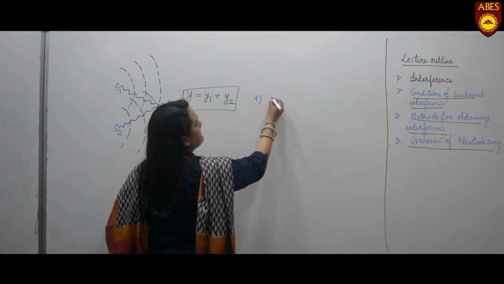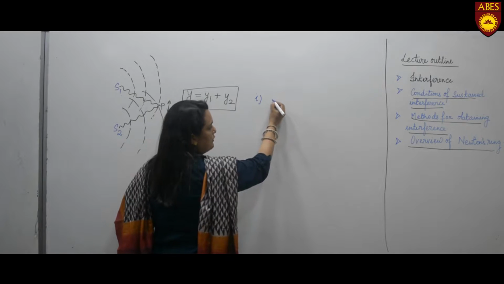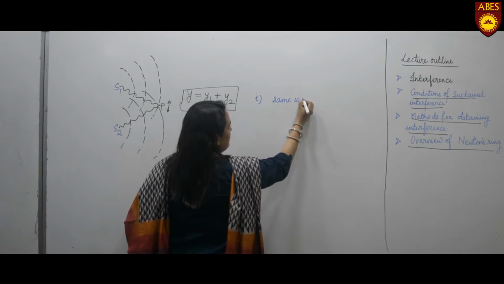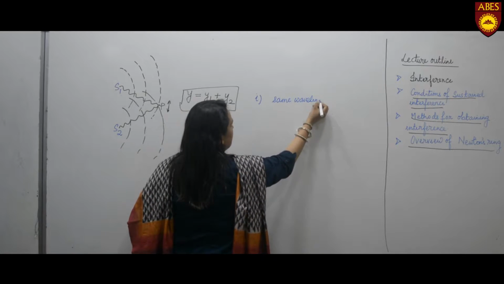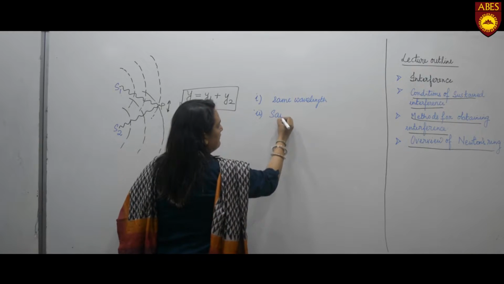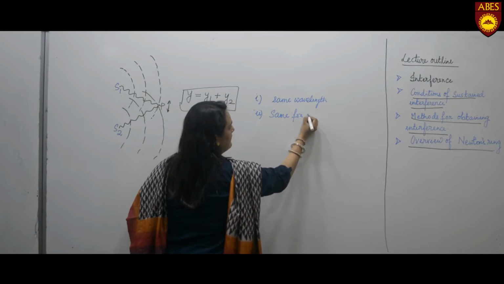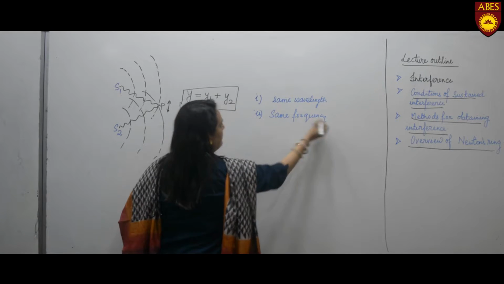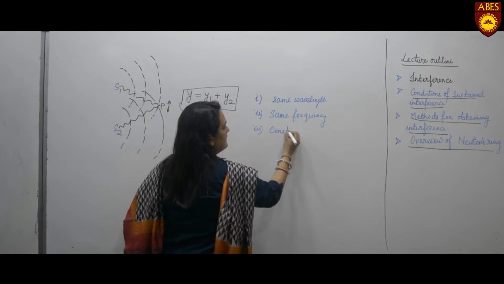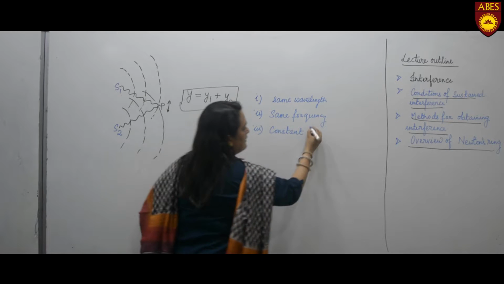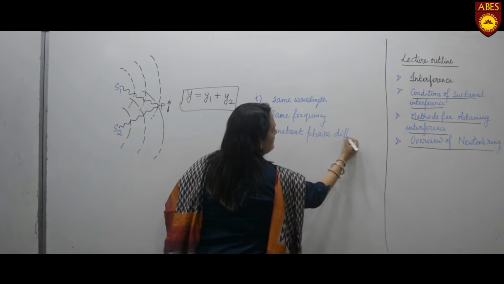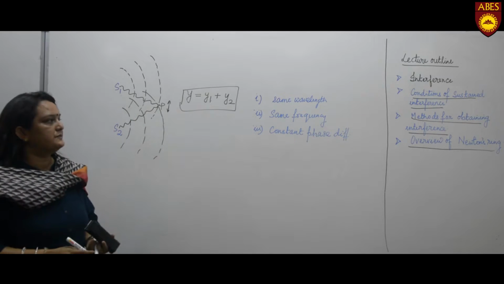Coherent sources means they should provide light of the same wavelength, same frequency, and having a constant phase difference between the two interfering waves.